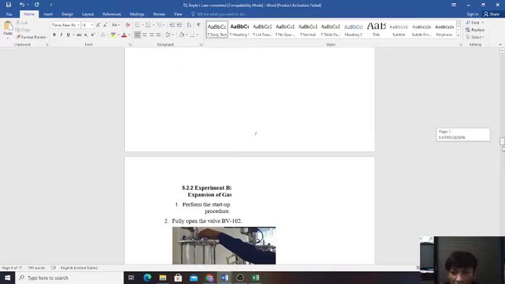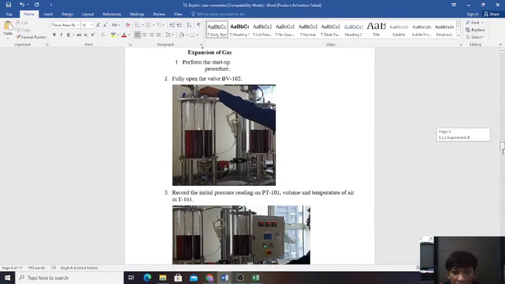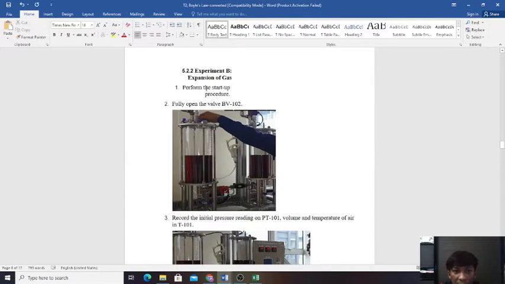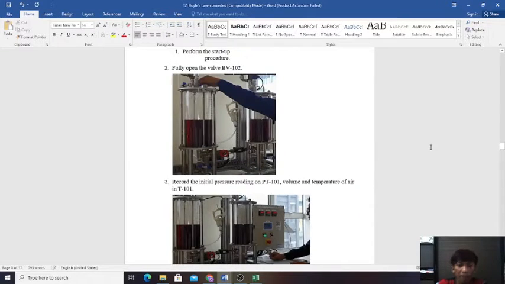And then for experiment B, expansion of gas, fully open the valve BV102 and then record the initial pressure reading on PT101, volume and temperature of air in T101.